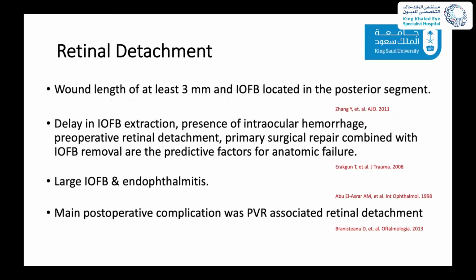As I told you, the factors related to the intraocular foreign body injury are interrelated. So a wound length of 3 millimeters or more was found to have a high risk of retinal detachment.